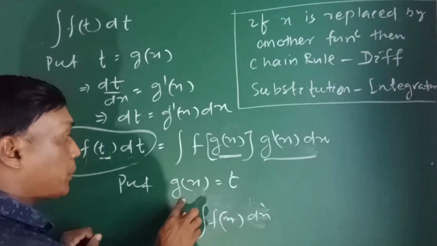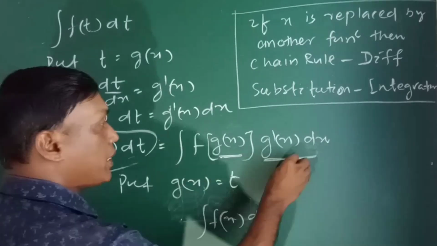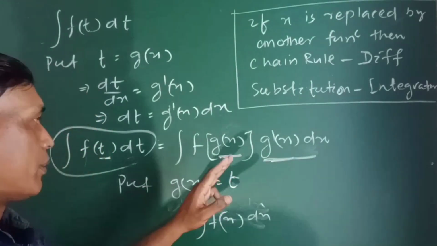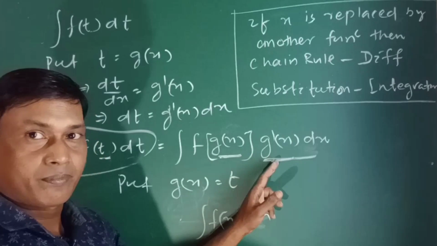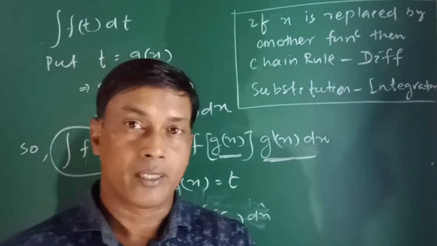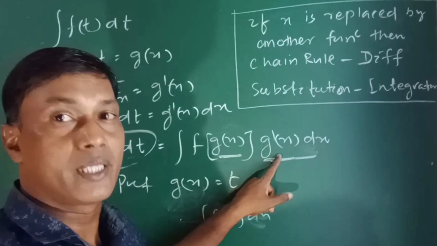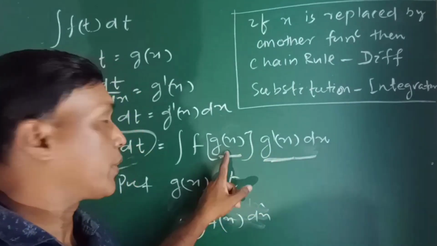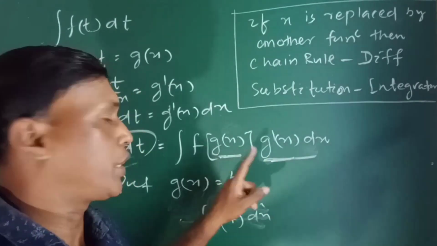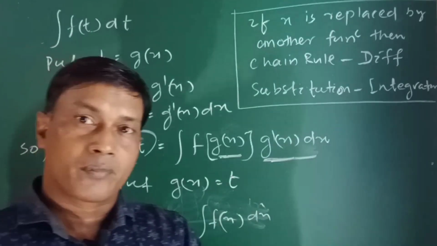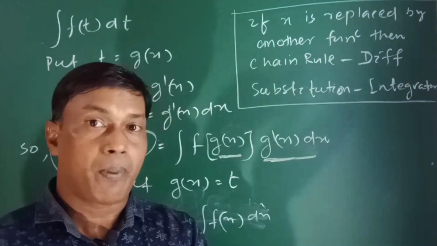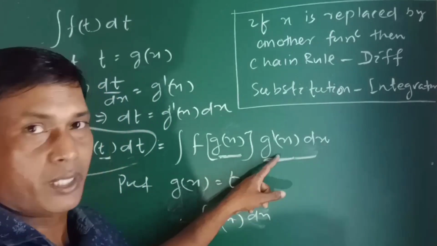And another important thing is, look at here students, when we are substituting g of x, here is g dash x, that means derivative of g of x is given. So remember, you can substitute a function if its derivative is given. If the derivative of the function is not given, then you can't substitute. You can substitute a function only when the derivative is multiplied.